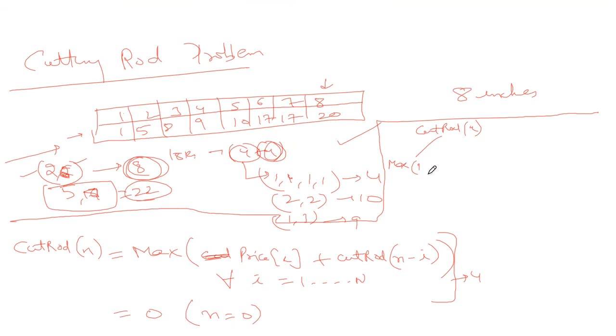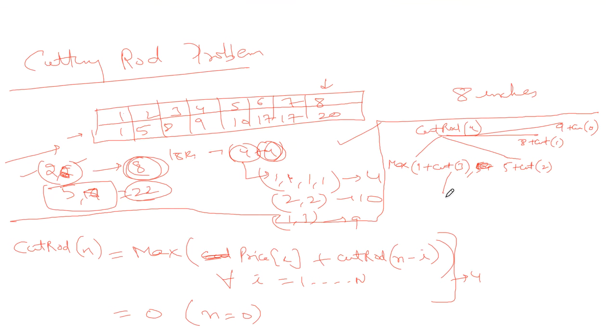So it will be the maximum of 1 plus cut rod of 3, 5 plus cut rod of 2, 8 plus cut rod of 1, and 9 plus cut rod of 0, right?